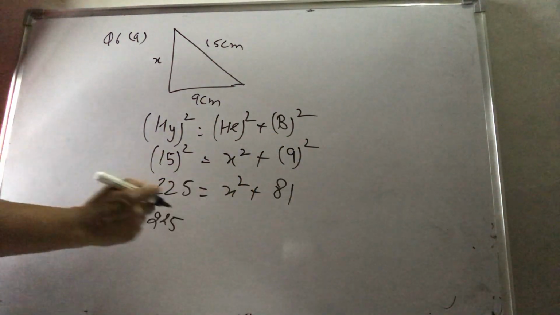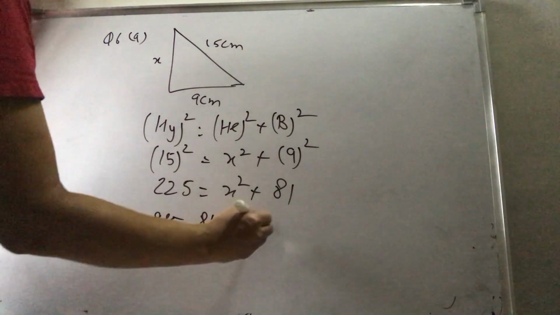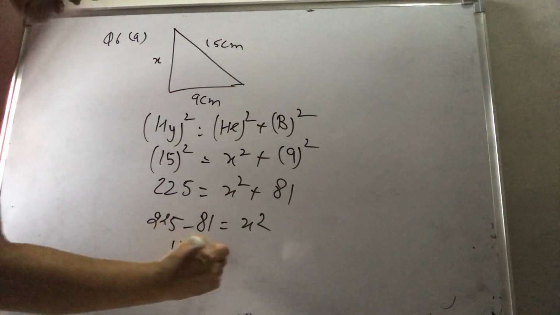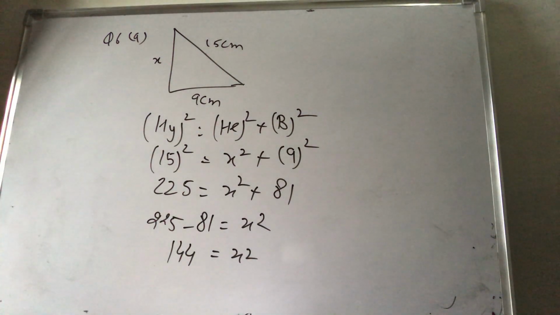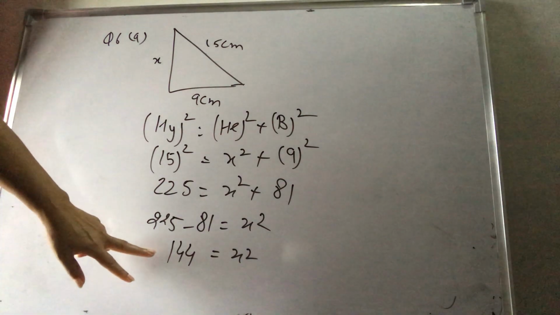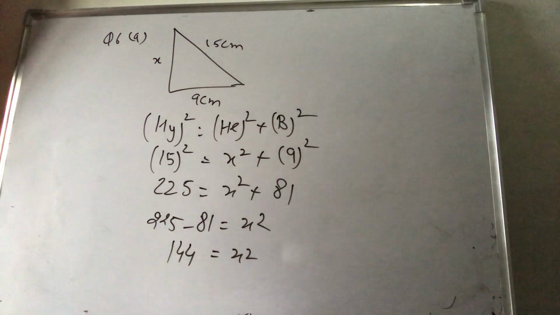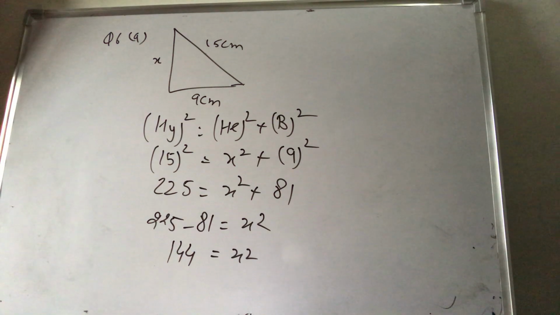15 square is 225, it is x square plus 81. Now this 81 will come to the left side and it will be subtracted. We will get 144. The value of x square is 144. In the exponent chapter, we had done that if the bases are same, the powers will be equal. Just opposite of it, we will do in the Pythagoras theorem, that if the powers are same, the bases will be equal. Means we have to make the 2 power of any number for 144.